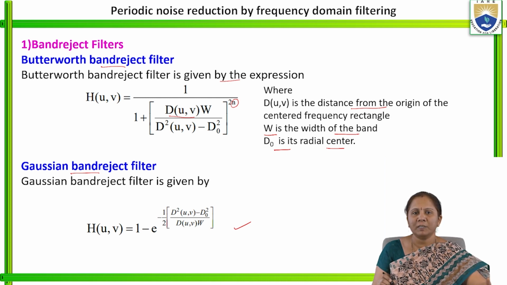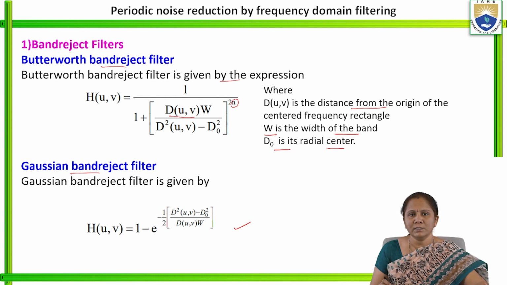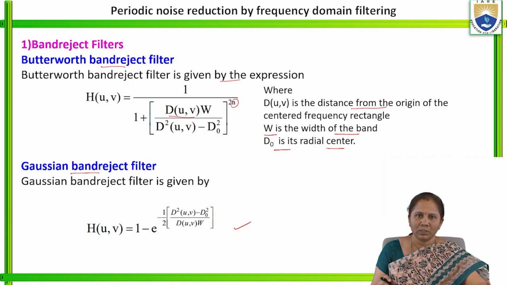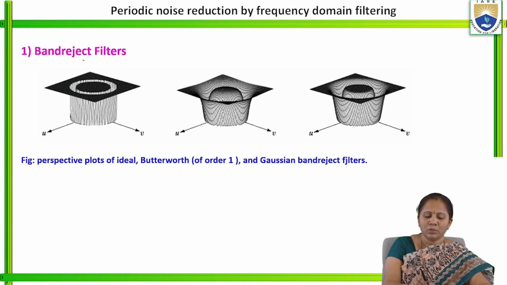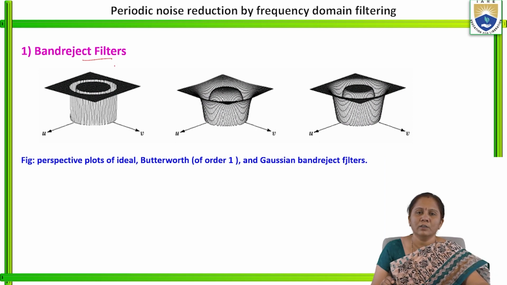Now we will see the perspective plots of these band reject filters, the three band reject filters: ideal, Butterworth and Gaussian. So these are the perspective plots of the three band reject filters.